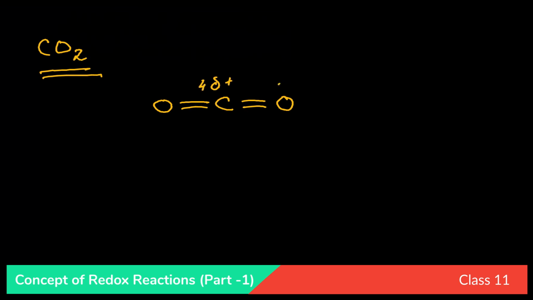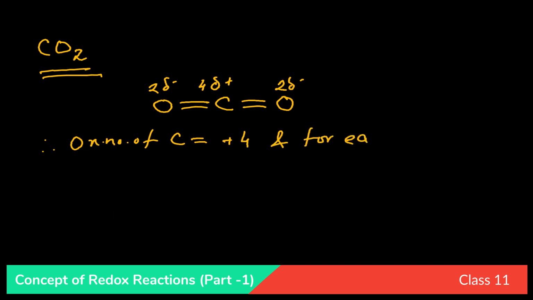And for the two oxygens, they will carry 2 delta minus charge each. So I can say from here that the oxidation number of carbon will be equal to +4, and for each oxygen, it will be equal to how much? It will be equal to -2. So in this way, you have to find out the oxidation number in case of covalently bonded compounds.